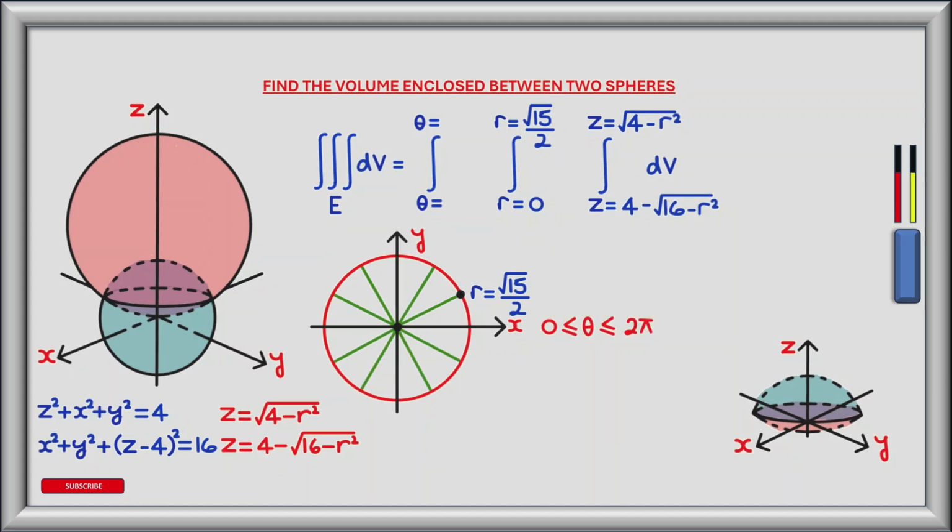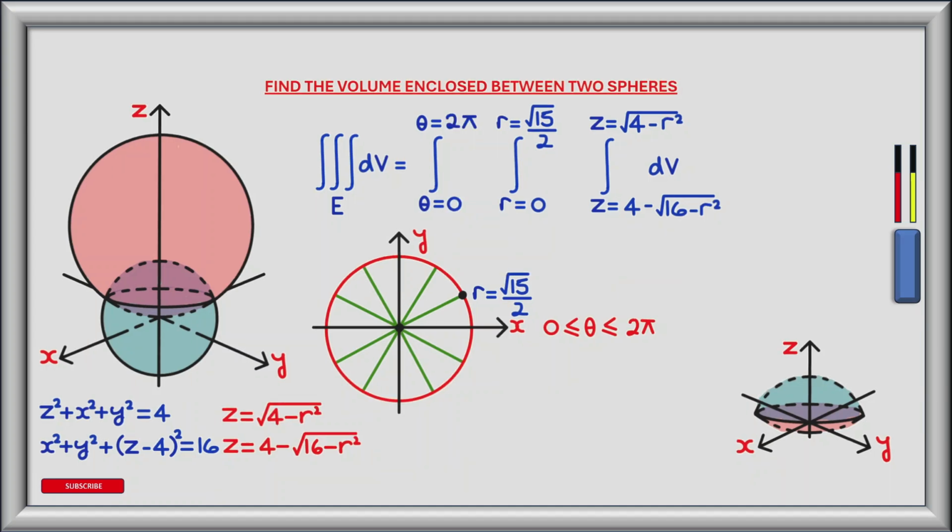As we can see, r goes full circle and therefore rotates the full 2 pi radians or 360 degrees. So the lower limit of theta, where theta starts, is at 0, and the upper limit of integration is where theta finishes, and in this case it's 2 pi radians.